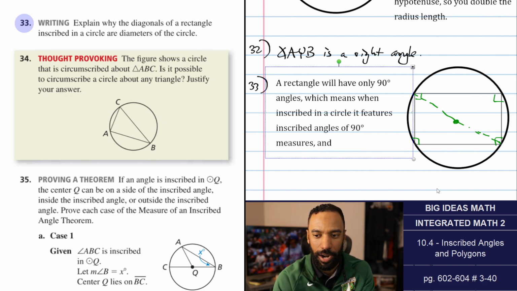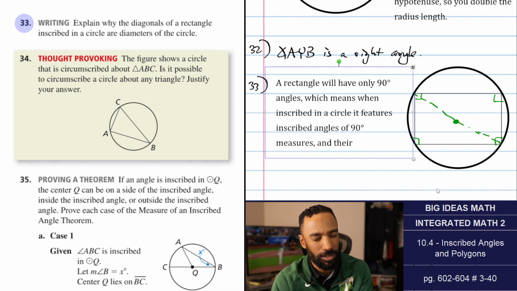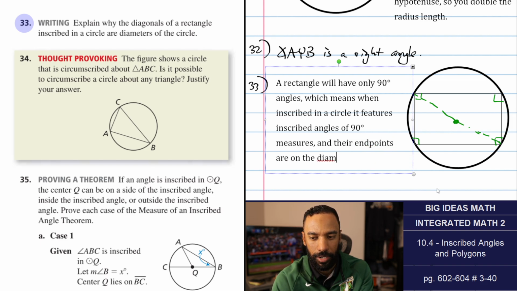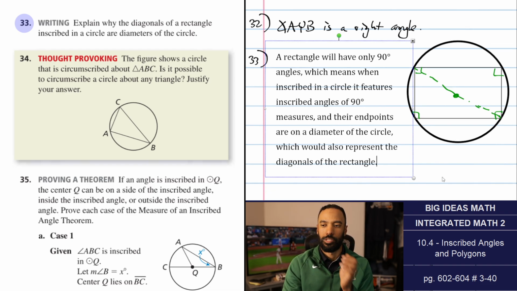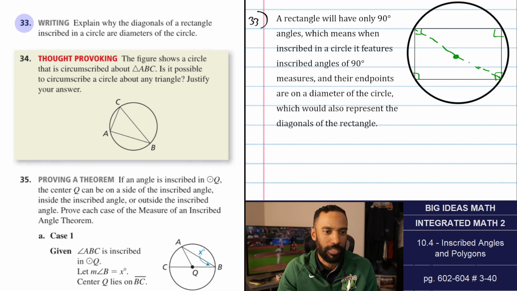And their intercepted arcs, and their angles, their angle endpoints, their endpoints, I'll just say, are on a diameter of the circle, which would also represent the diagonals of the rectangle. So hopefully that kind of pans out for you. It does for me, at least.